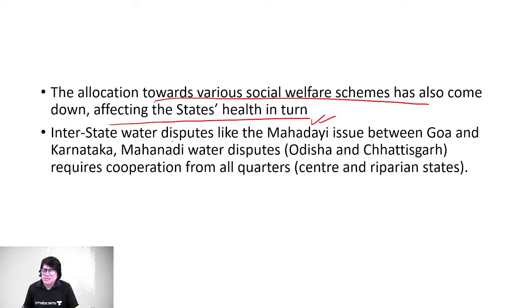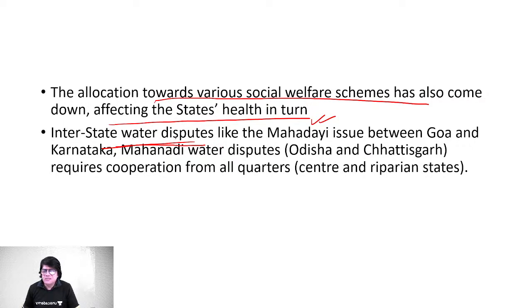Right. And the interstate water disputes, which is a perennial problem, and we know that we have so many tribunals, like the Kaveri water and the Krishna water tribunals, for settlement of these disputes regarding sharing of waters of various rivers of our country.